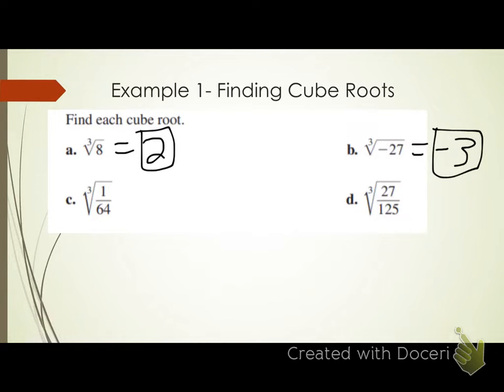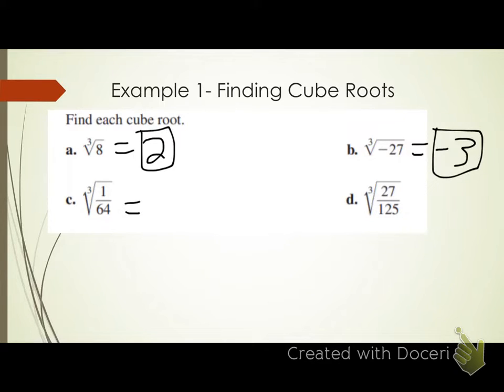Uh-oh, here's our fractions. You guys love these fractions, don't you? Letter C, cube root of 1/64. Keep in mind, how do we multiply fractions? Straight across, right? Not cross multiplying. Just straight across.